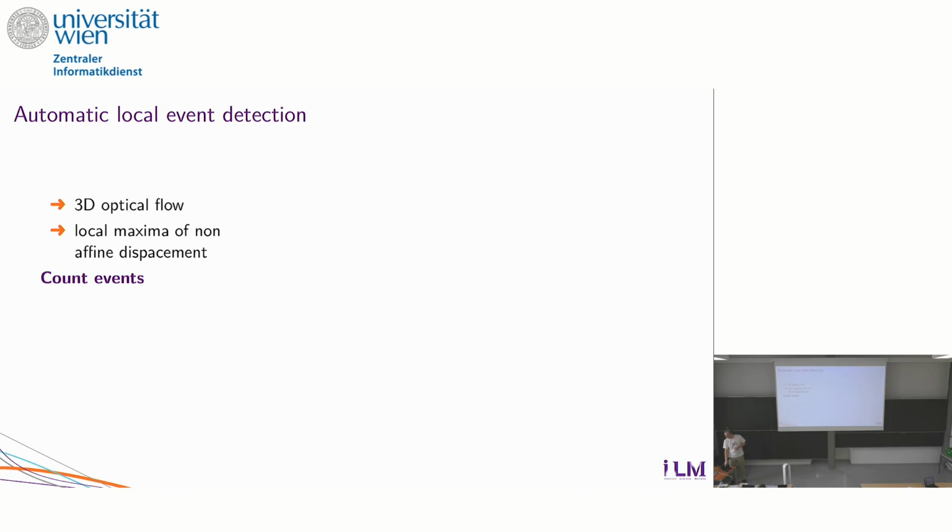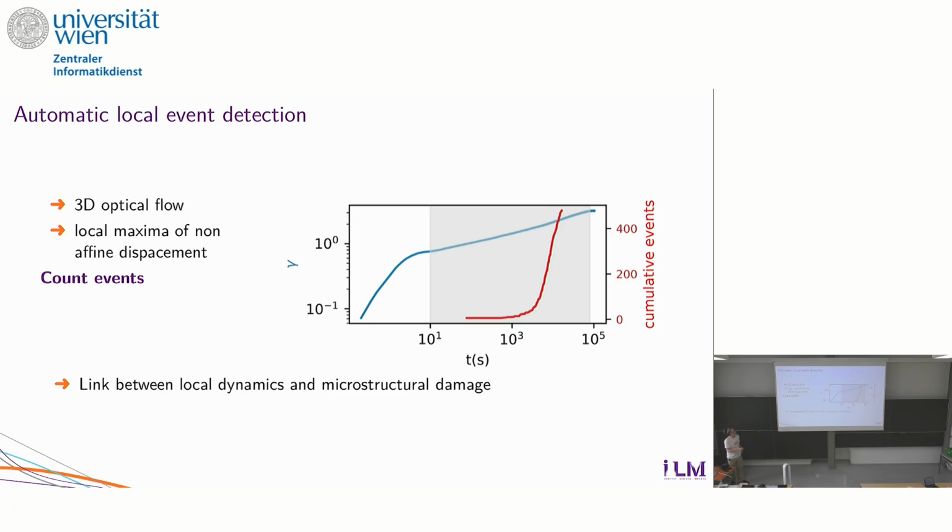And we can now count those events, and we see that the cumulative number of events is really shooting up when the material gets broken. And what is nice is we also have the pictures of the microstructure and the way the microstructural change happens during those events.